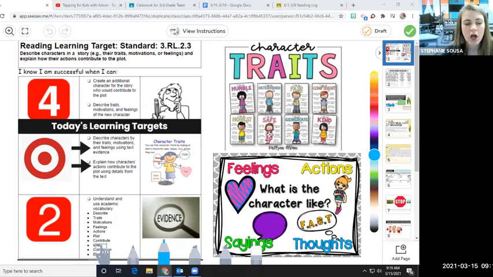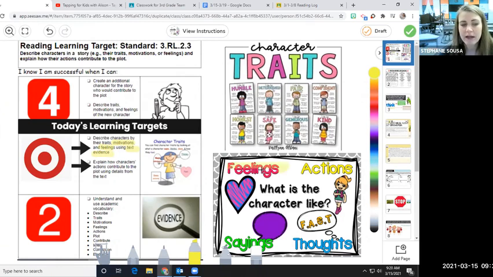All right. On slide 1, you will see today's learning targets. There are some nice arrows pointing right to them. You have 2 goals today. Your first goal is to describe characters by their traits with their motivations, feelings, and using text evidence, okay? You guys have remembered FAST.